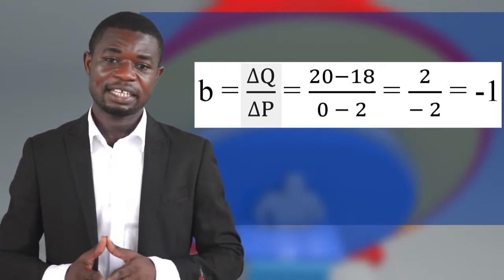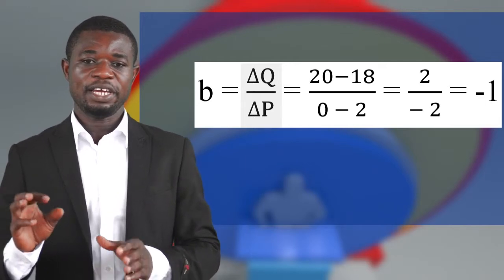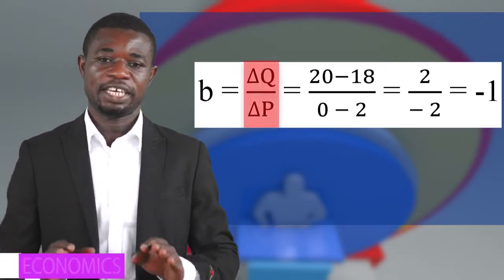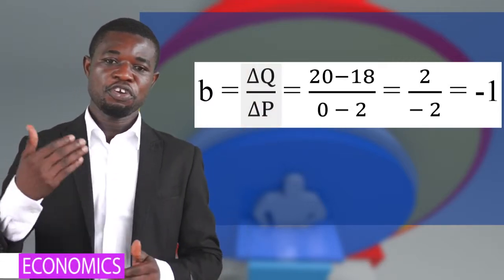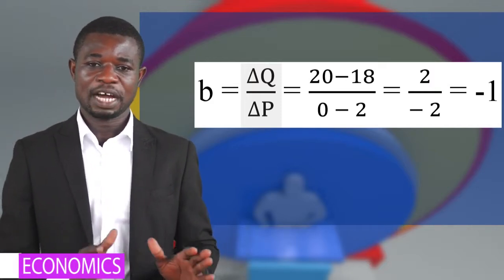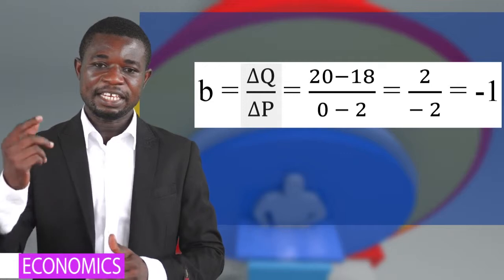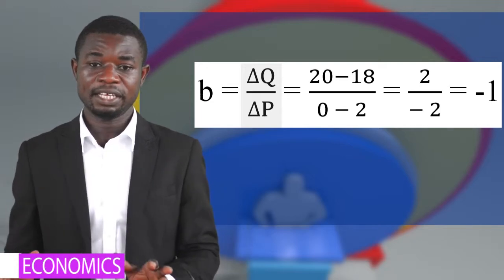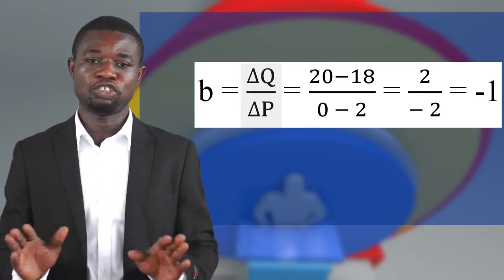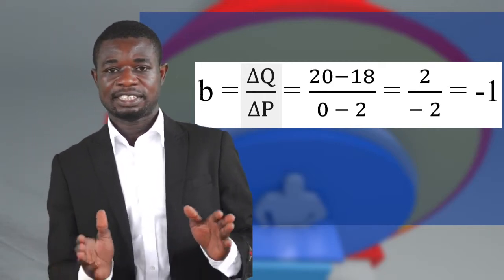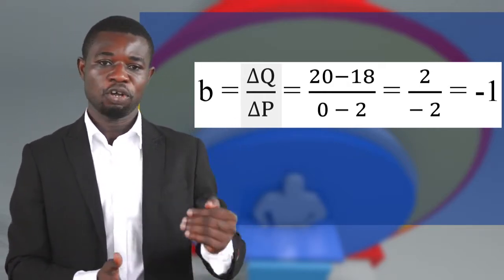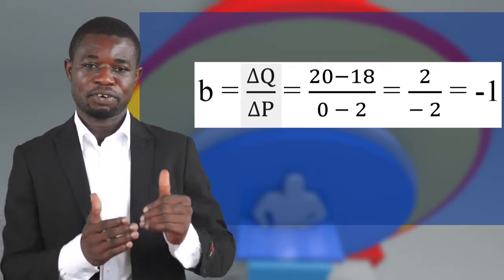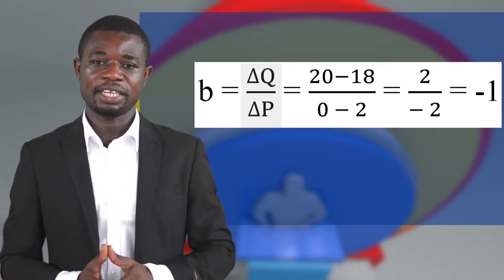Remember, however, that the B, we explained it as the change in the quantity divided by the change in the price. So you realize that from the demand schedule on the screen, the differences in the quantities are 2 throughout. So simply, the change in quantity is 2. Similarly, if we come to the prices column, we will realize that the differences in the prices as displayed on your screen is also 2.